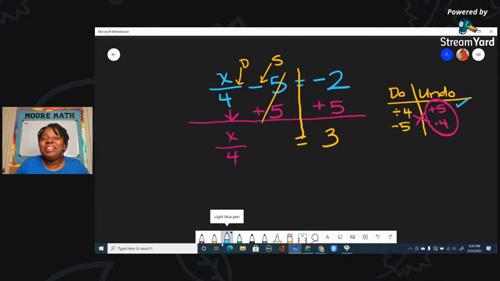My students at times say x equals 3, because we do all this work and you feel like you're done, but you only did 1 step so far. So make sure you check in with your chart. Did you do both steps? So far, we just added 5. Now we have to multiply both sides by 4. Whatever I do on the left, I have to do on the right to keep this equation balanced or equal.